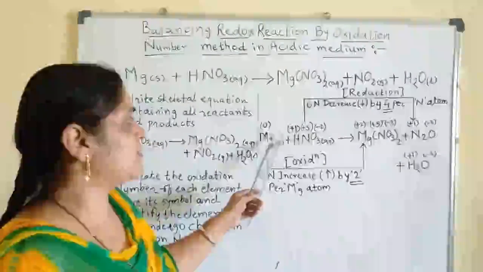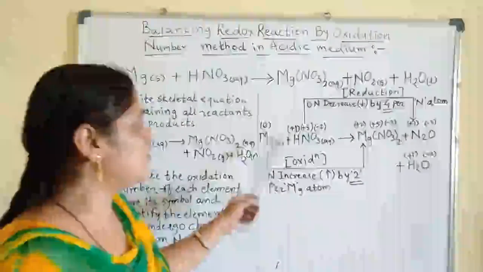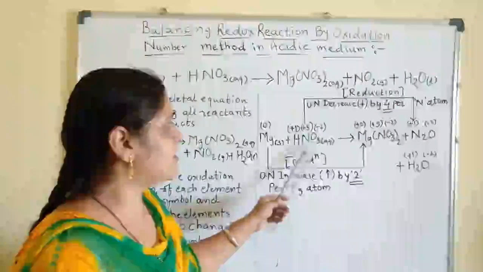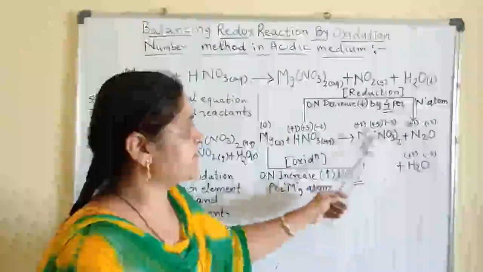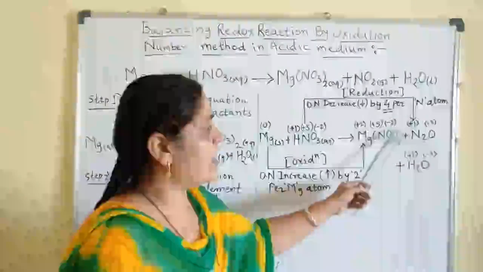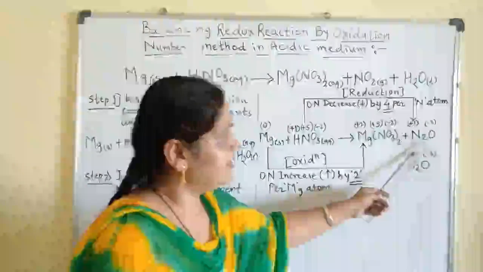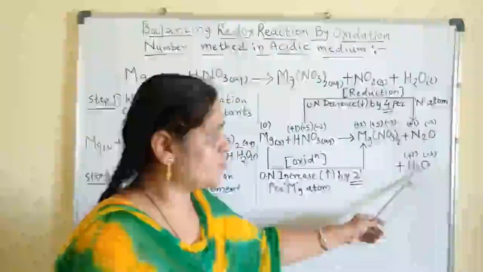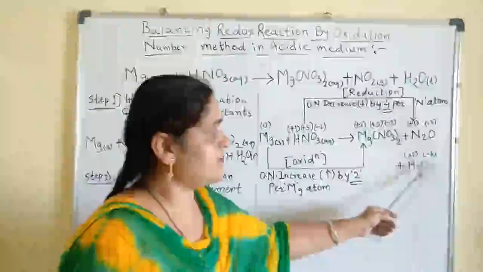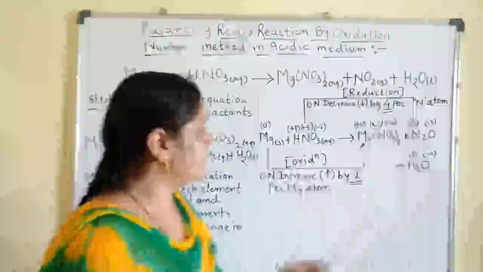Here magnesium is in the uncombined state, so its oxidation number is 0. Hydrogen is plus 1, nitrogen plus 5, oxygen minus 2. Here magnesium is plus 2, nitrogen plus 5 and oxygen minus 2. Here nitrogen is plus 1, oxygen minus 2. In the water molecule, hydrogen is plus 1, oxygen minus 2.